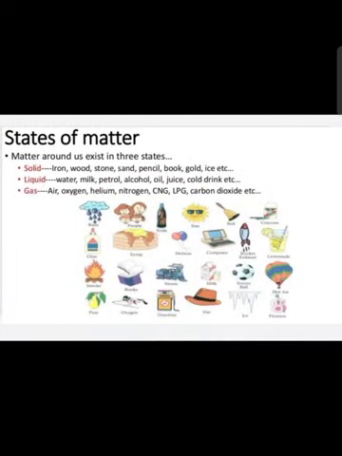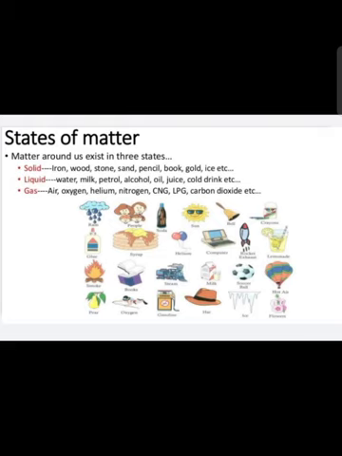If we talk about the states of matter, then matter around us exists in three main states: the solid state, the liquid state, and the gaseous state. Taking a few examples, iron, wood, stone, sand, pencil, book, gold, ice, etc. are included in the solid state.